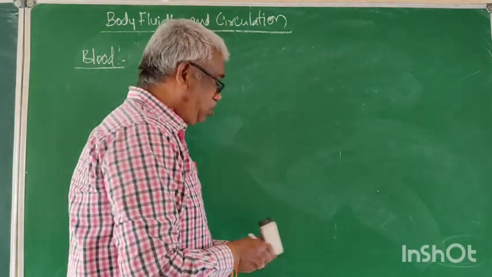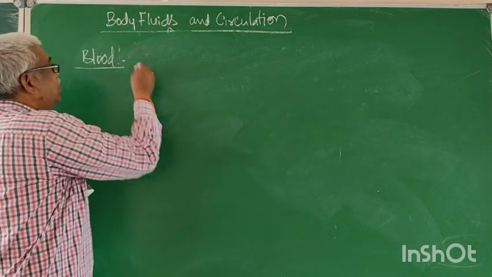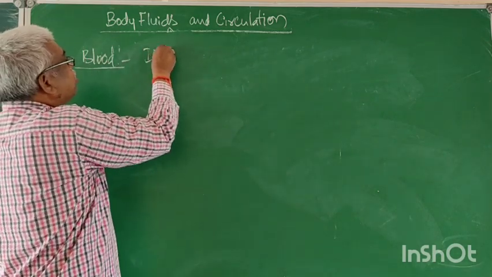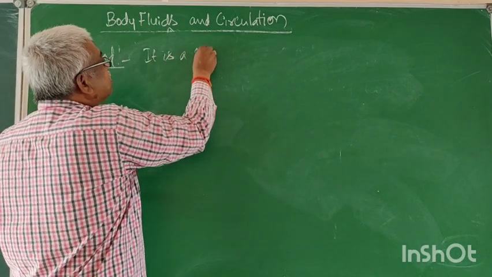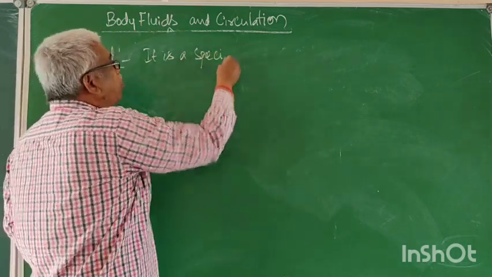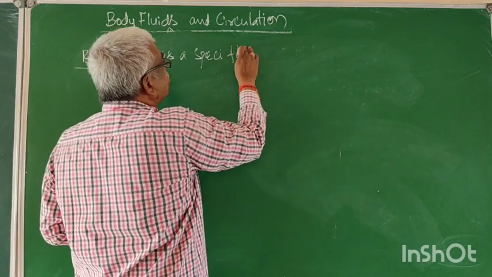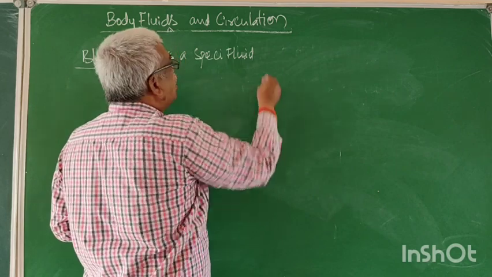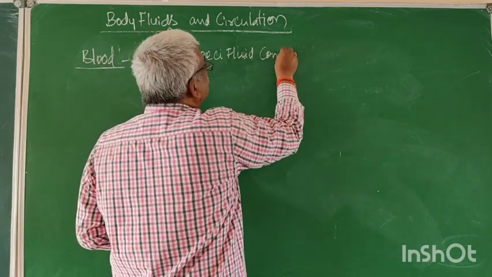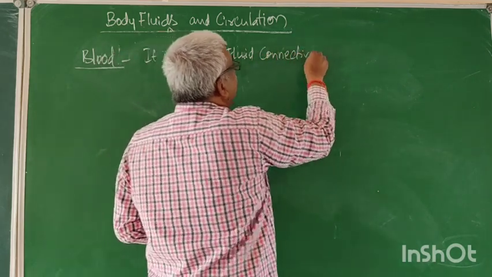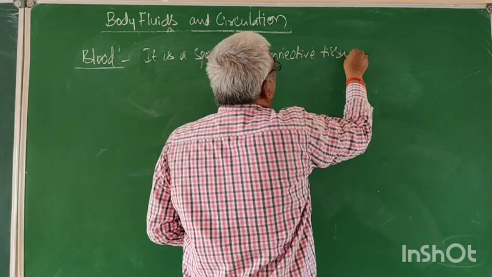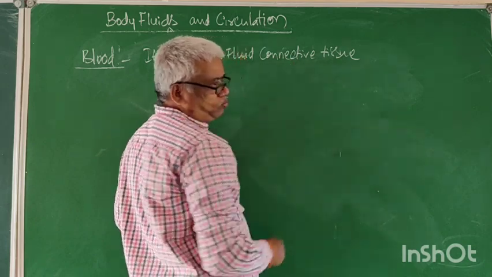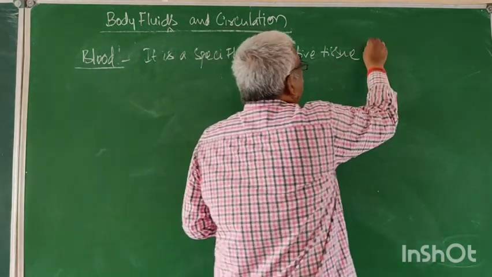Now come to the definition. Blood is a specialized fluid connective tissue for transport.